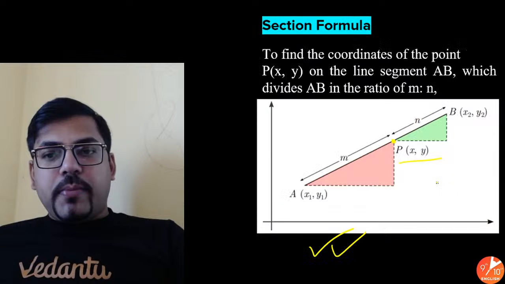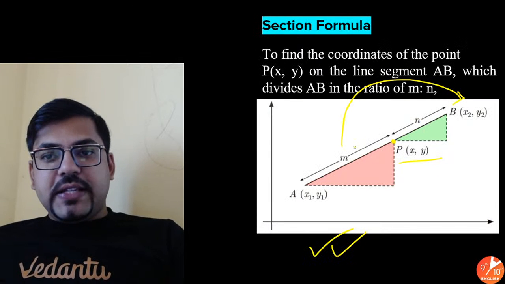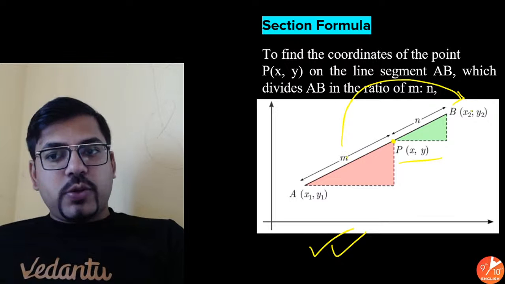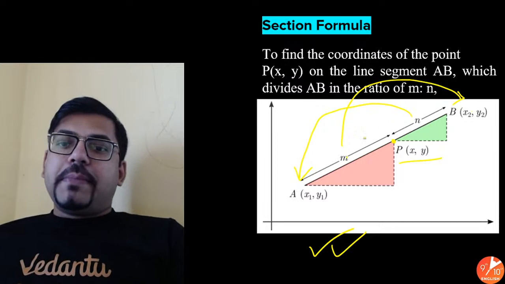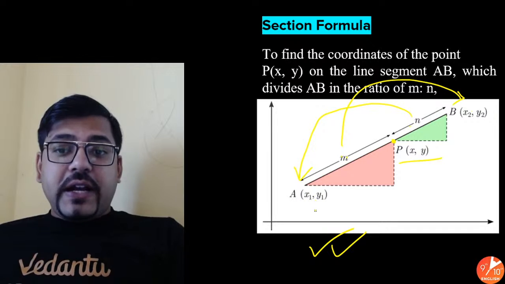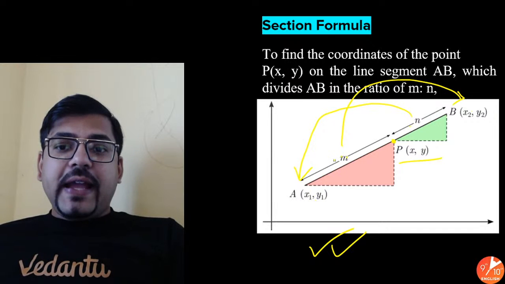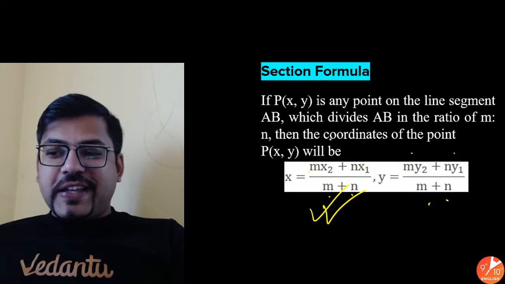How will you remember that? This m gets multiplied to this side coordinate, and this ratio n gets multiplied to the other side. Both of them get multiplied, so mx2 plus nx1 upon m plus n. So this is the formula. Fine. If you all have understood this, let's move on.